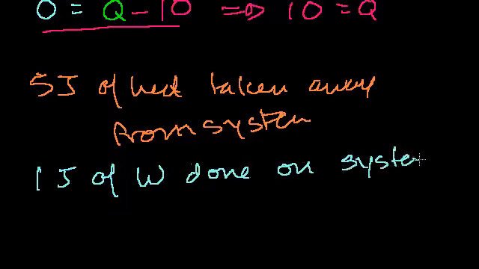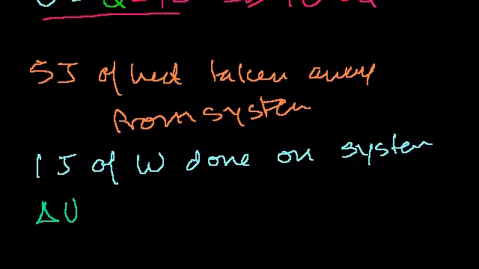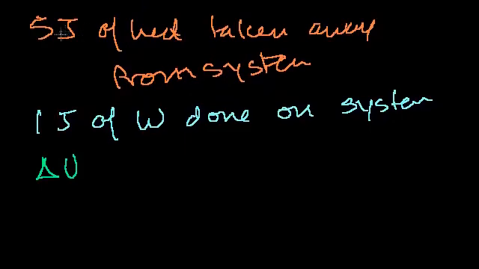Let's figure out our change in internal energy. The way I think of it is 5 joules of heat taken away from the system is going to reduce our internal energy by minus 5. And if 1 joule of work is done onto the system, we're putting energy into it, so that'll be plus 1. So minus 5 plus 1 is going to be minus 4. Our change in internal energy is minus 4 joules.